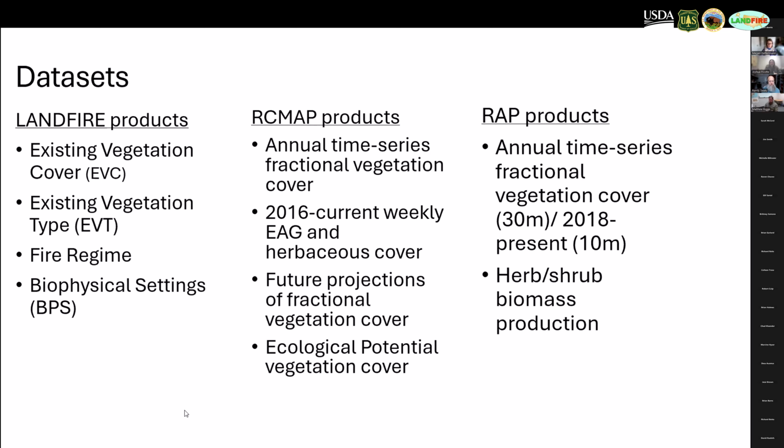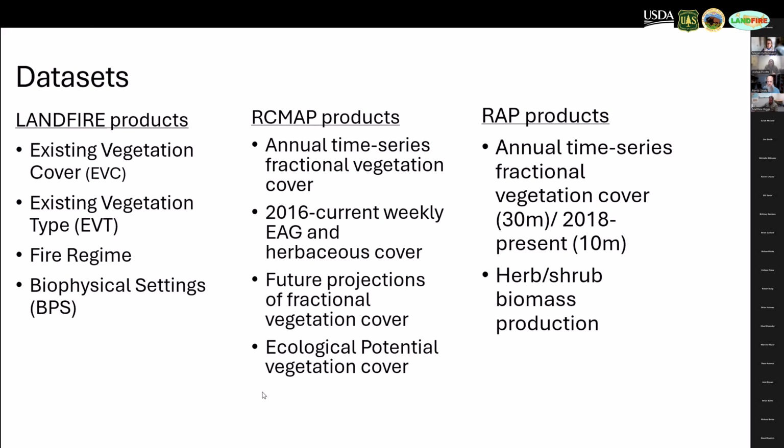So moving to the fractional veg component side, RCMAP and RAP, I would say the flagship product on both of those projects is going to be the annual time series of fractional vegetation cover. So shrub cover, bare ground, tree cover, these sort of things, annual scale products at 30-meter resolution over the Landsat archive.